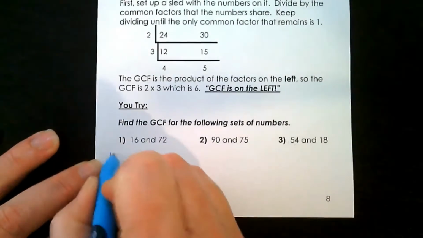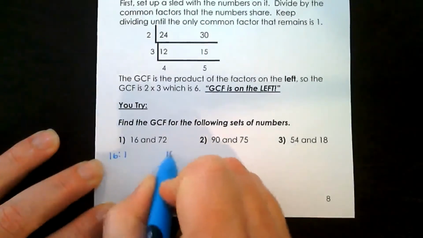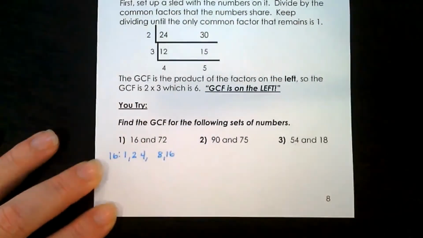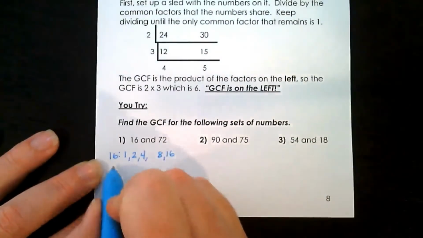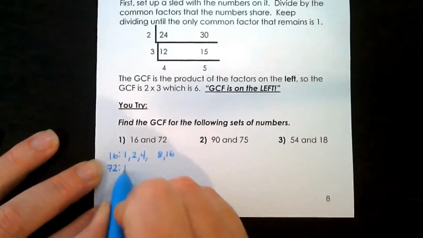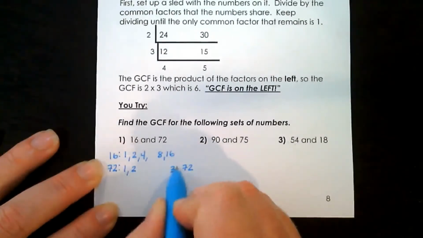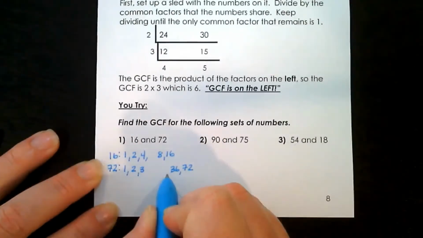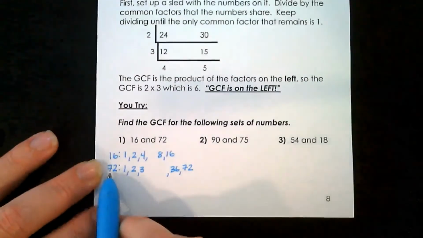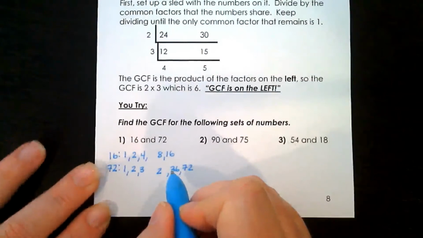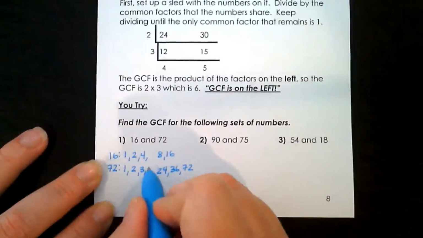So for 16, I know I have a 1 and a 16, a 2 and an 8, and I have a 4. For 72, I know I have 1 and 72, 2 and 36, 3, and I've got to think about that one. 3 goes in 24 times, and I've got a 4.